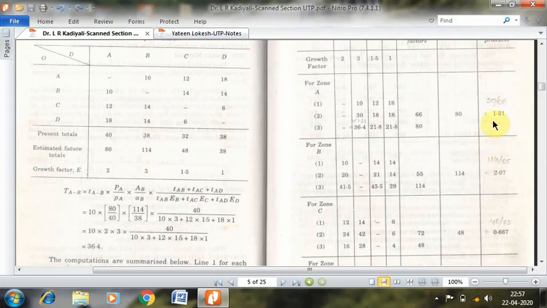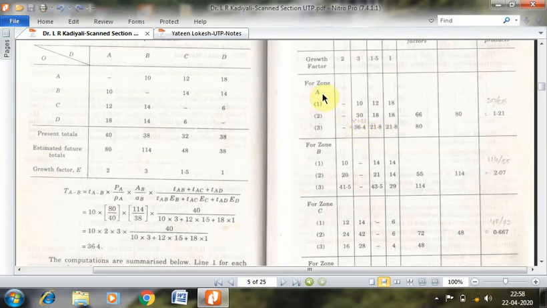Once this ratio is obtained, you need to start finding the elements as I had explained to you in this particular section. The third row here for zone A contains the elements that we get after substituting the corresponding values in this equation. So for capital TAB, after substituting all the values, we get 36.4. That 36.4 I will be writing here.